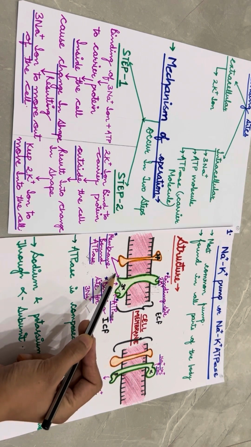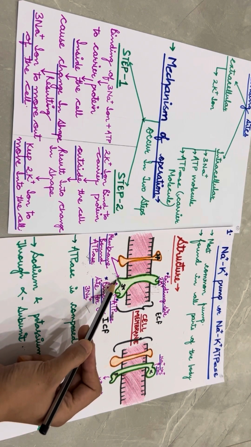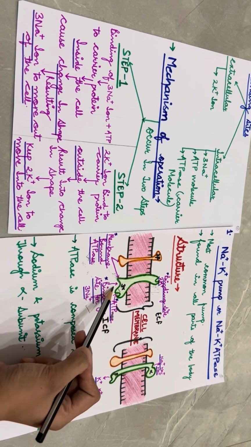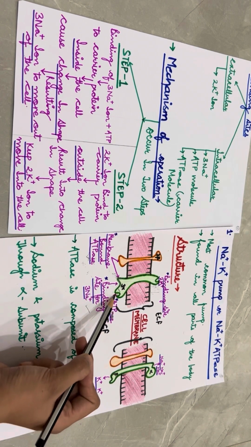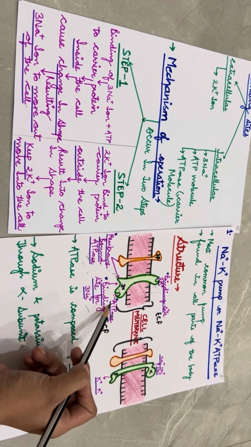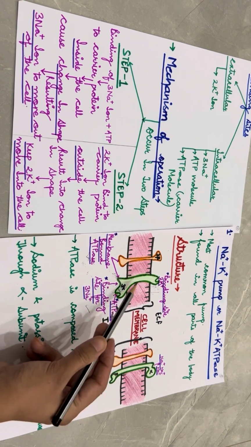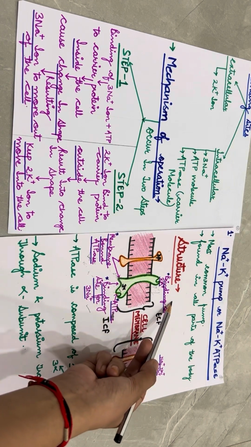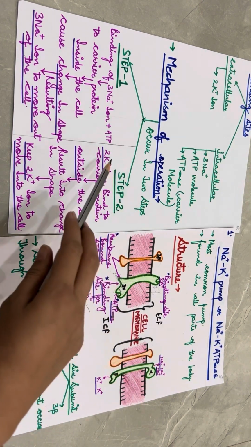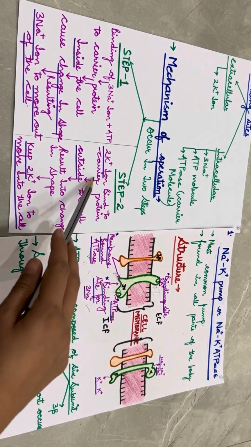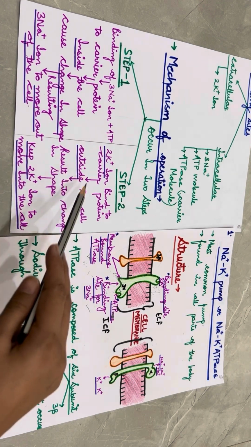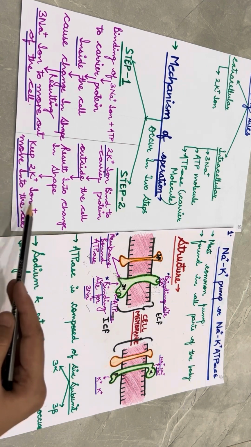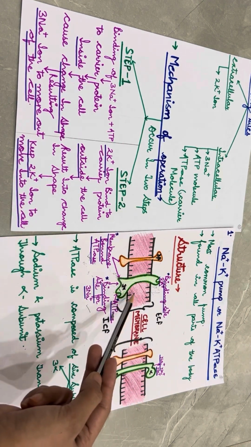This carrier is an ATPase carrier molecule or protein to which 3 sodium ions and 1 ATP molecule bind, change its shape and keep the 3 sodium out of the cell. And in the second step, 2 potassium ions bind to the carrier protein outside the cell, resulting in a change in its shape, and the potassium ions move into the cell.